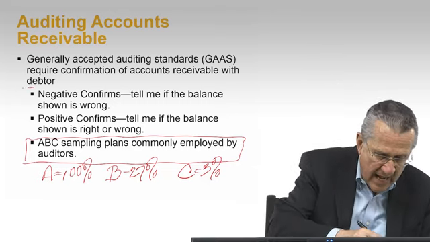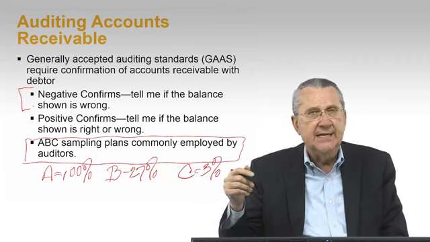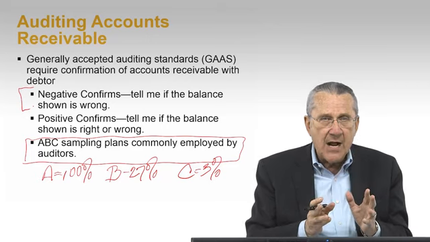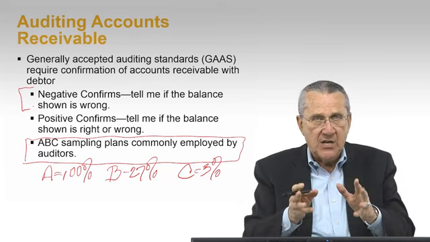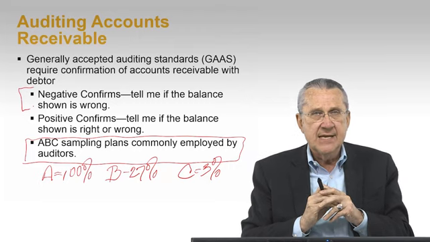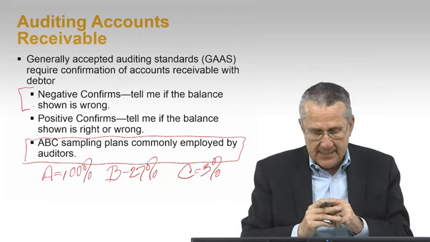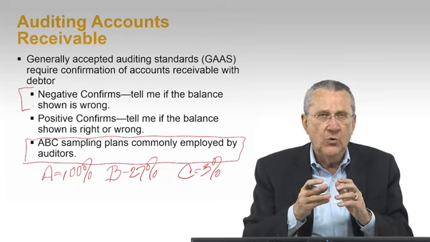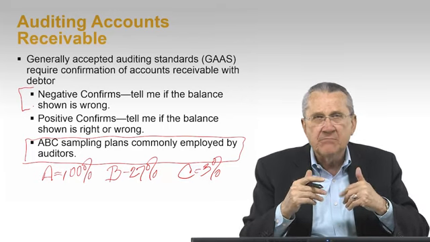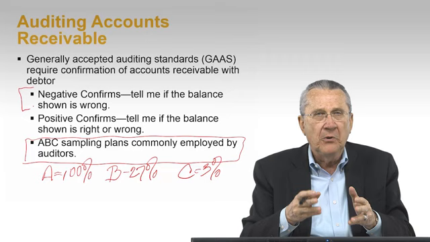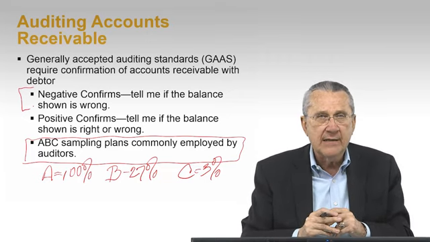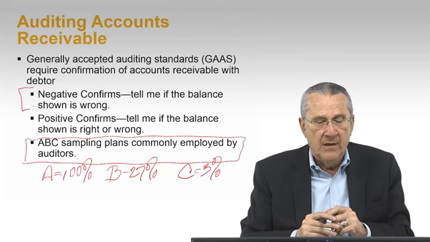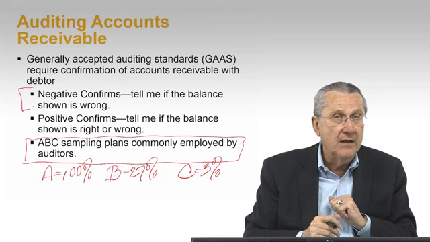Auditors will use two kinds of confirmations. A negative confirmation would be a confirmation that's sent by the company to its customer, and it would say, we're in the process of being audited. Our records show that the receivable from you is X number of dollars. Would you please tell my auditors directly if that balance is wrong? On the other hand, we might use a positive confirmation.